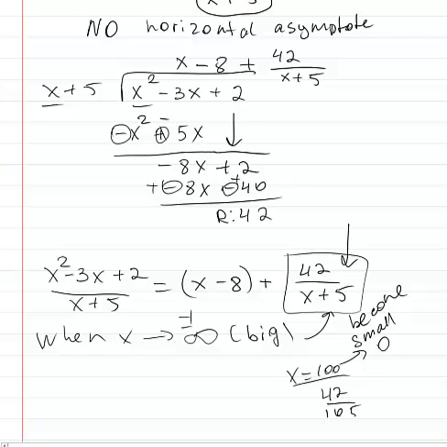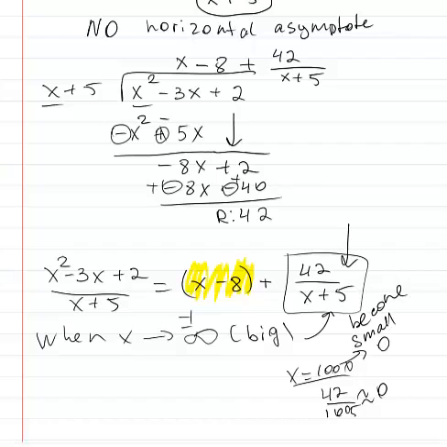You see, this is small. But what if it's 1,000? Then it's 1,005. 42 divided by 1,005 is practically 0. And the bigger the x is, the closer the fraction becomes to 0. However, this part right here will stay as x minus 8. That will not be affected. It's not going to become 0. It's going to keep getting larger.